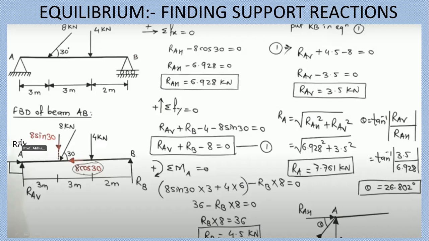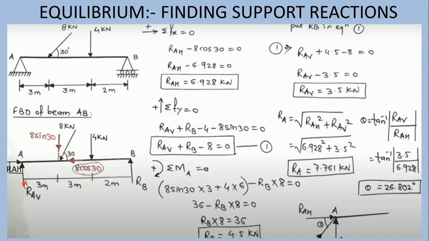It has been shown here, and we can also write this as RAH, where H means horizontal. That is the reaction acting at point A in the horizontal direction. And RAV is the reaction acting at point A in the vertical direction. Because end A is a fixed end and end B is a roller support, one horizontal and one vertical reaction will be there. You remember only this thing.